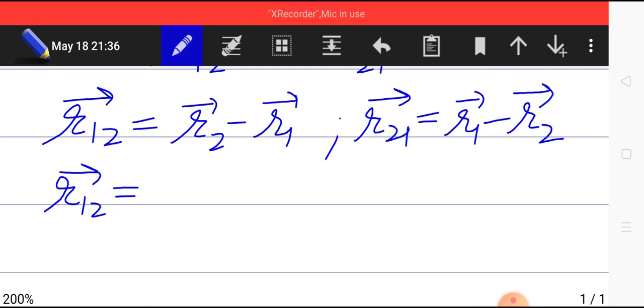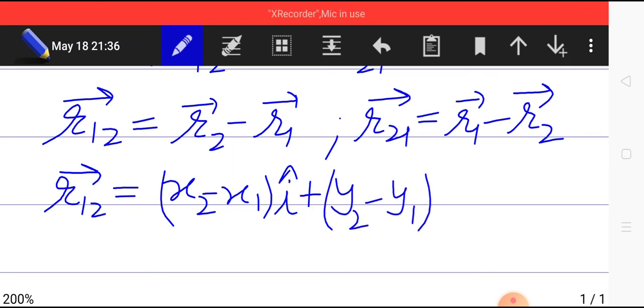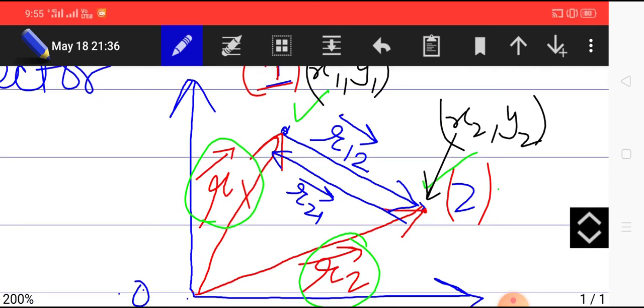Subtracting the corresponding components, I can write x2 minus x1 i plus y2 minus y1 j. So this is your displacement vector r12. You can see this vector here. This is your r12 vector, and you just wrote it in component form.